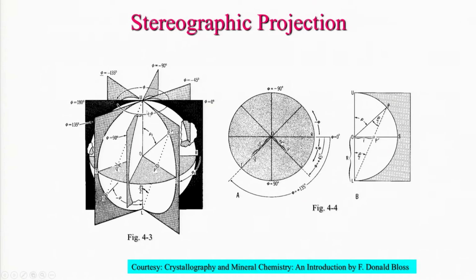If we talk about this plane, we have it at this angle here. So, from the center of this equatorial circle, if we draw a line here, on this line you will have somewhere the P dash position. So, this P dash is the stereographic projection of this face pole P.